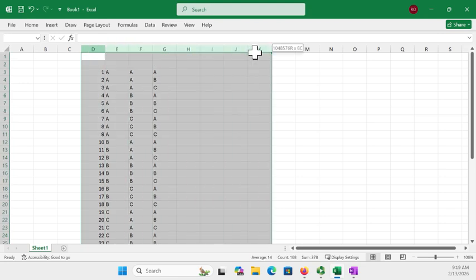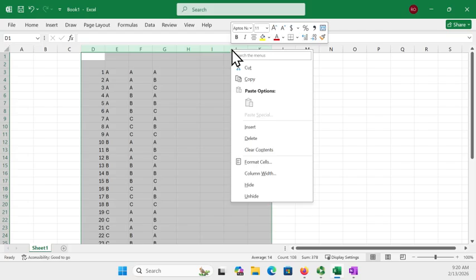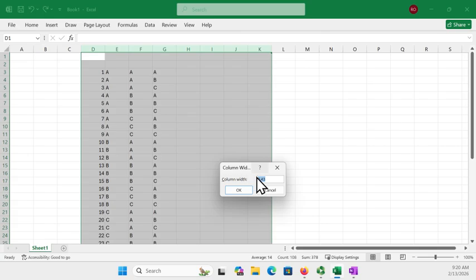Mark a couple of columns at the top, and I'm going to change the column width. If I mark them all at the top, column width, I want it to be 6, just so it's smaller.